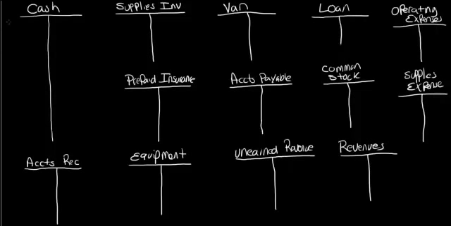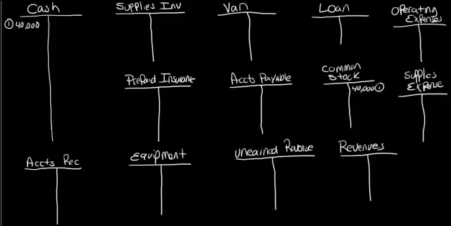So the first journal entry, and I'm just going to talk through these because we can't show them on two screens. If you remember, the cash was contributed to the company in exchange for common stock. One of the conventions I'm using is that each record in the ledger is given a reference to the journal entry it came from, so you can trace back and forth if you ever have a question.